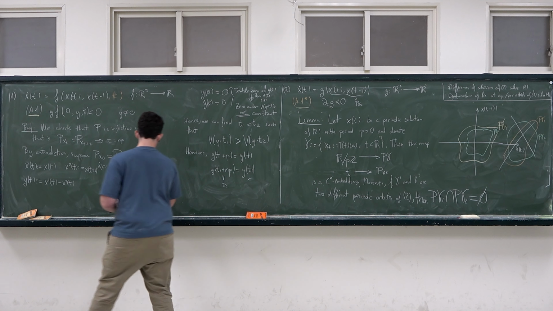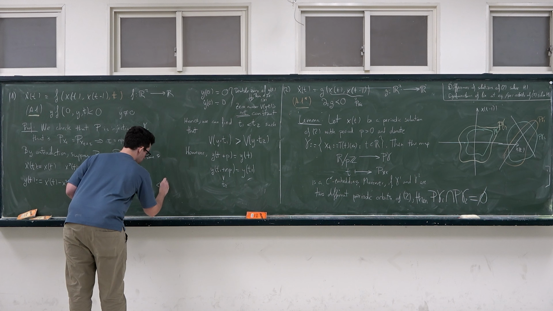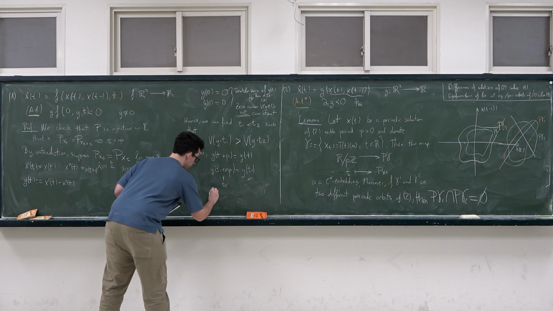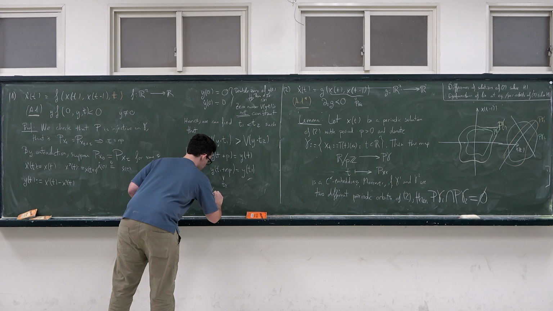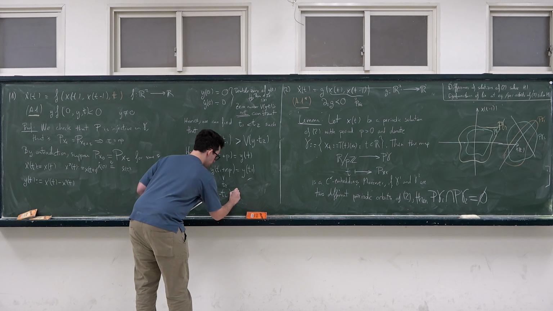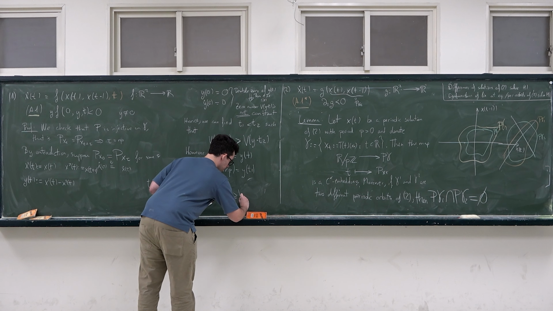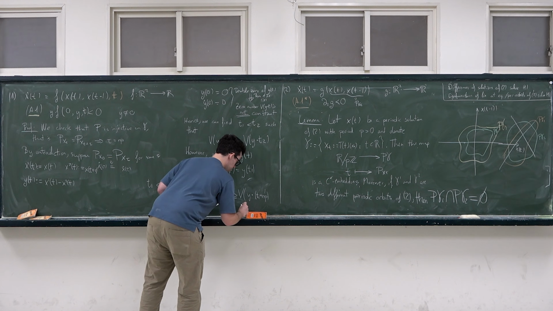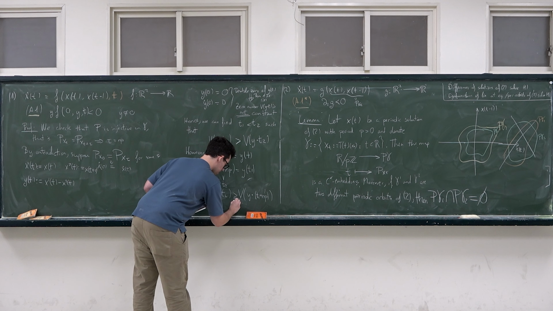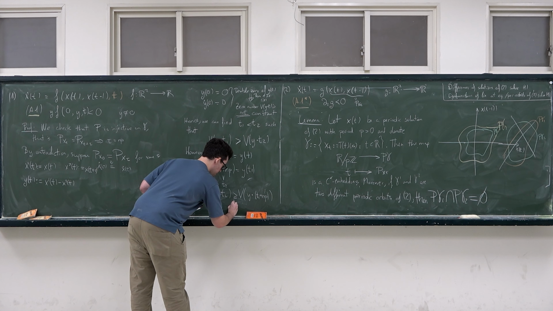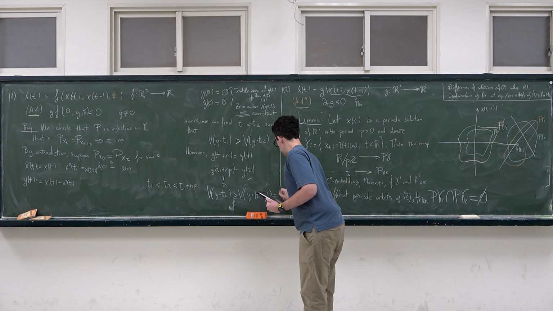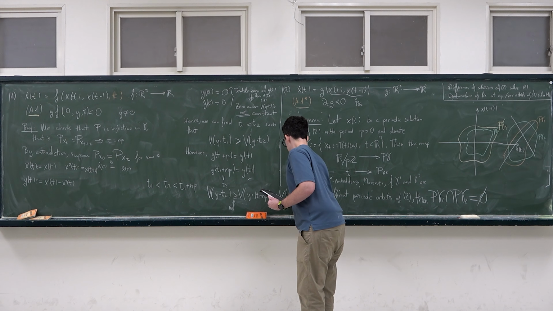Then I have t1 is smaller than t2 is smaller than t1 plus np. And on the other hand, I have v of y dot at t2 is larger or equal than v of y dot at t1 plus np. And this is from the same theorem on the zero number, but this is part 3, if I'm not wrong. But remember, periodicity. This is again equal to v of y at t1.